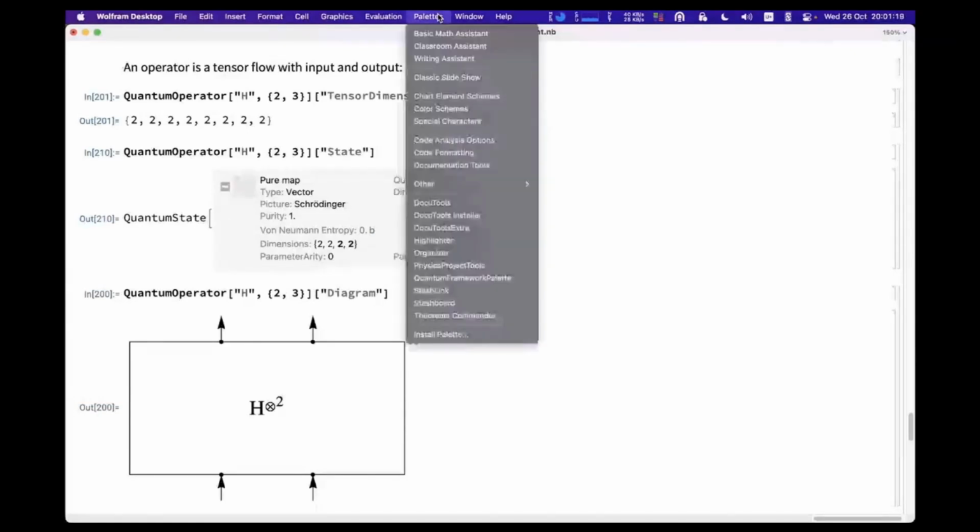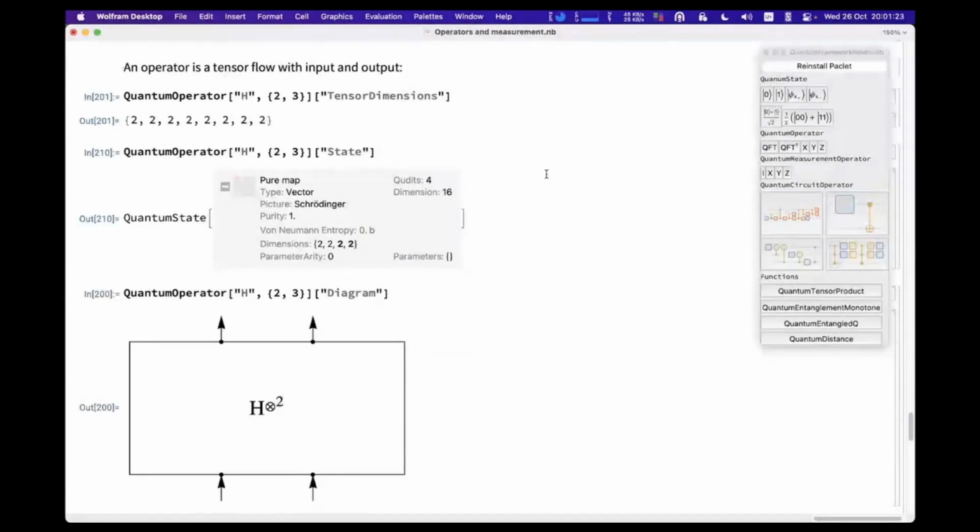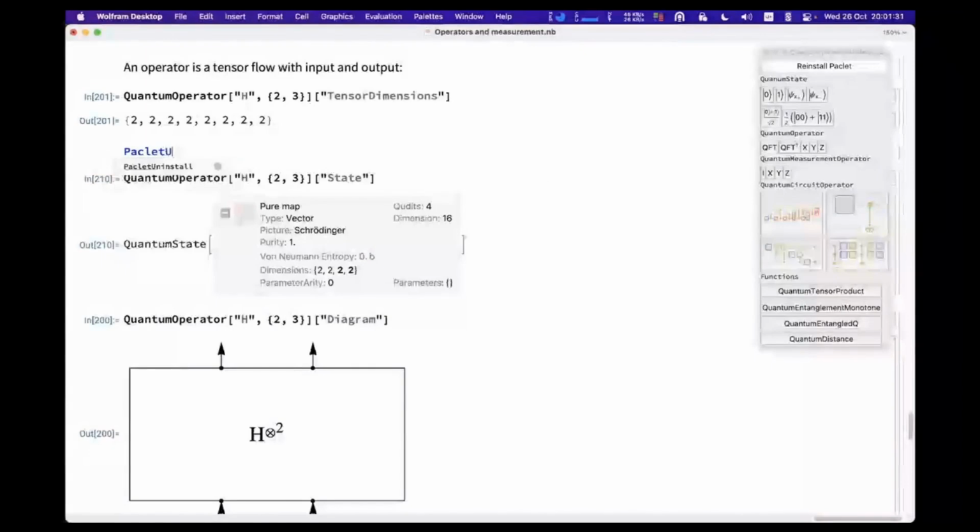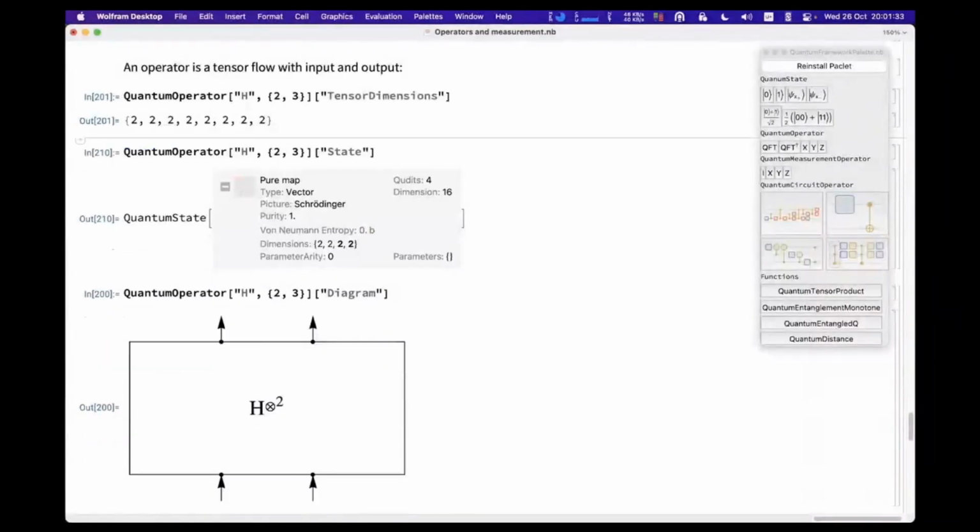Mike had a comment regarding the palette: they cannot see it. Can you comment on that error with the palettes that some students may have? Sometimes, I don't know why, if you uninstalled the Packlet using Packlet uninstall, or used some code that uses it, you don't have to do that anymore. Just installing over the Packlet you already have should be all right.